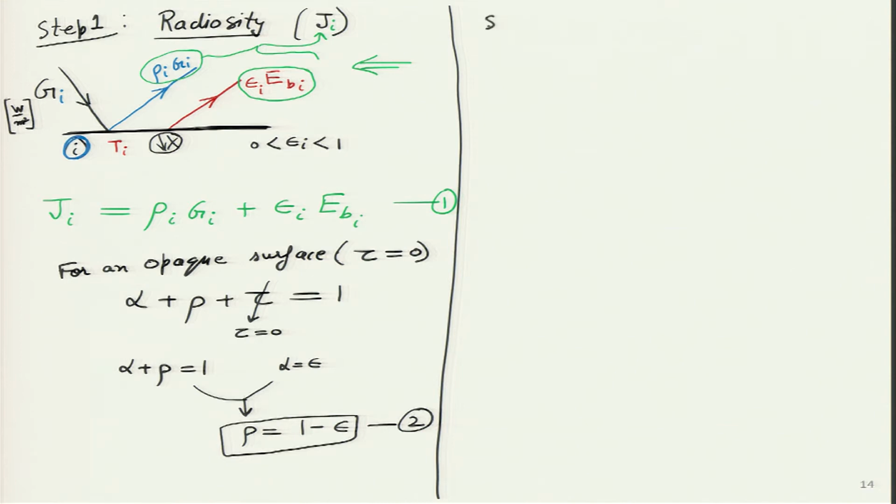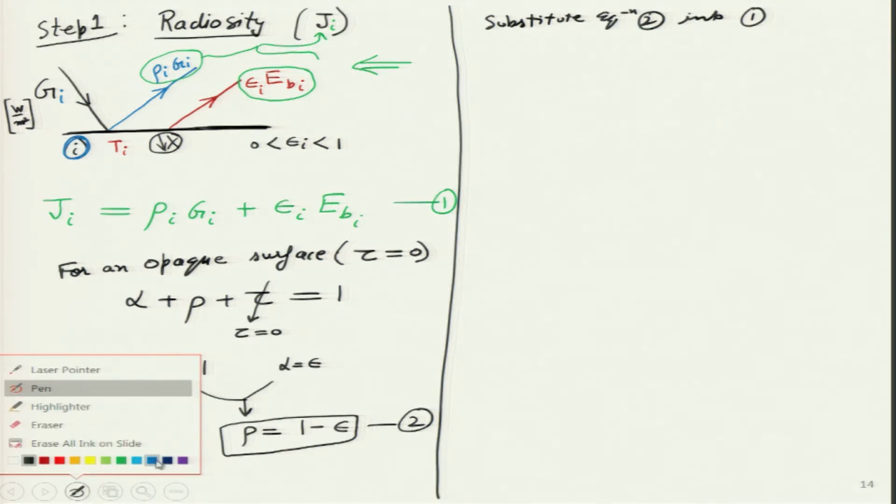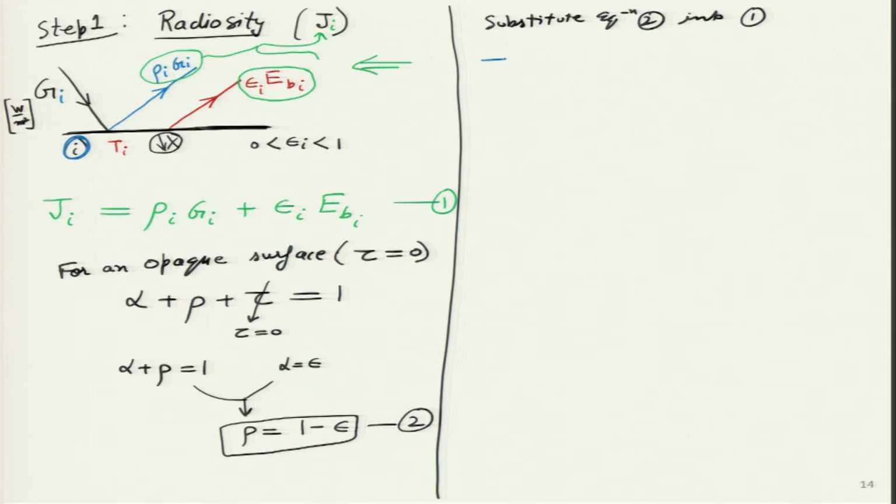Let us substitute equation 2 into equation 1, which means I want to eliminate the term reflectivity rho from equation number 1. So what I get is J I equals rho into G I, and instead of rho I write this expression.